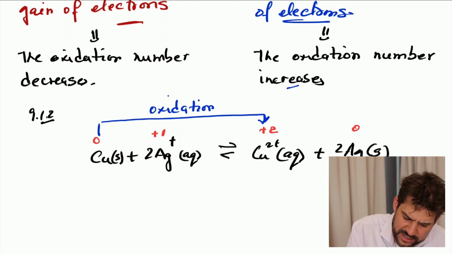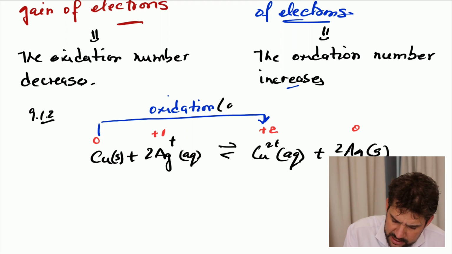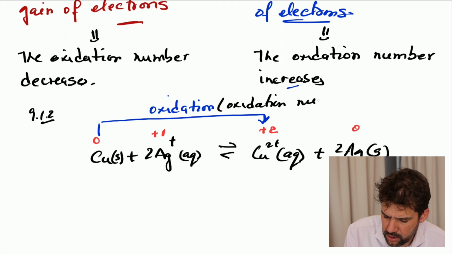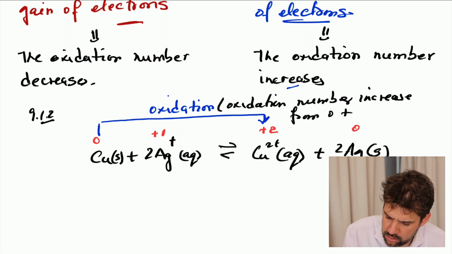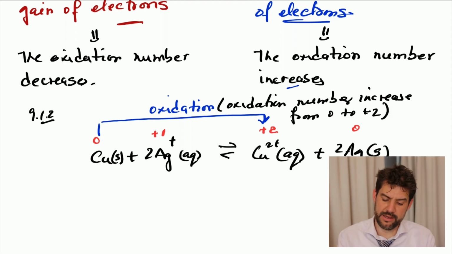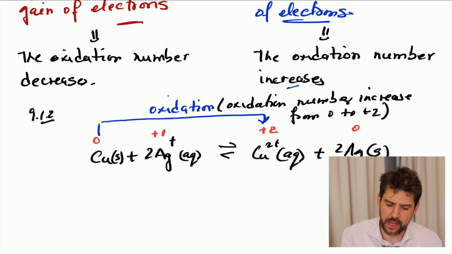If you want to justify, you can say that the oxidation number increase from 0 to positive 2. All right, there we go. We have the justification of why copper is being oxidized. It is oxidation, or we say that copper is being oxidized.